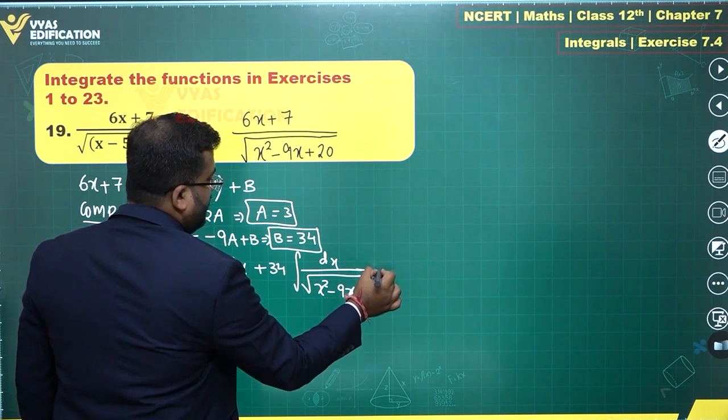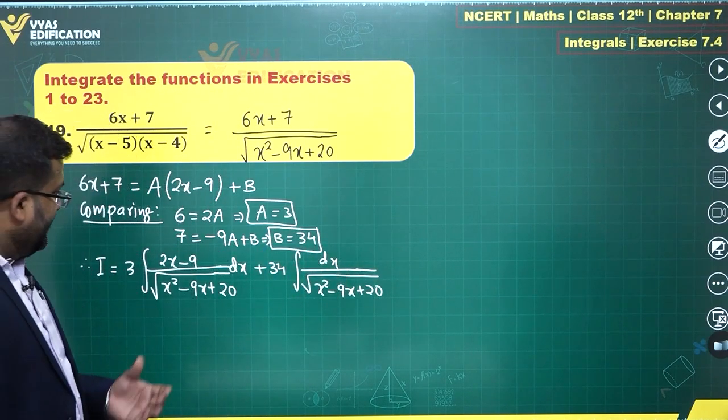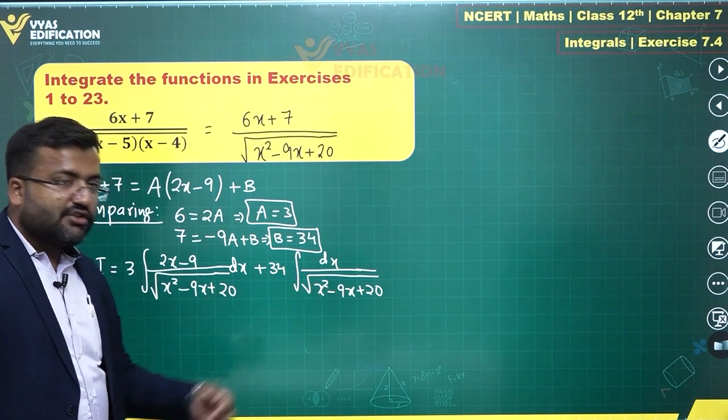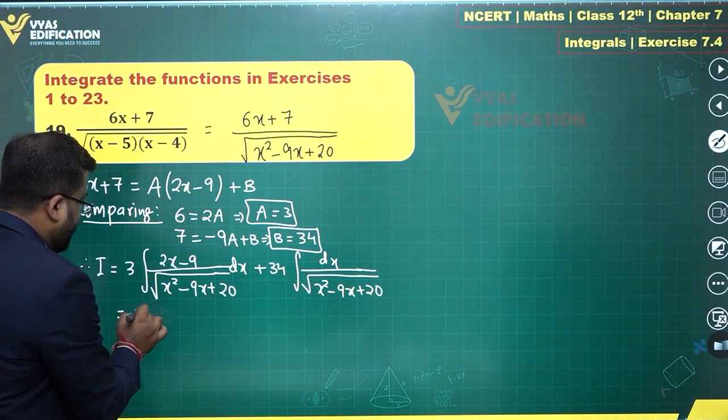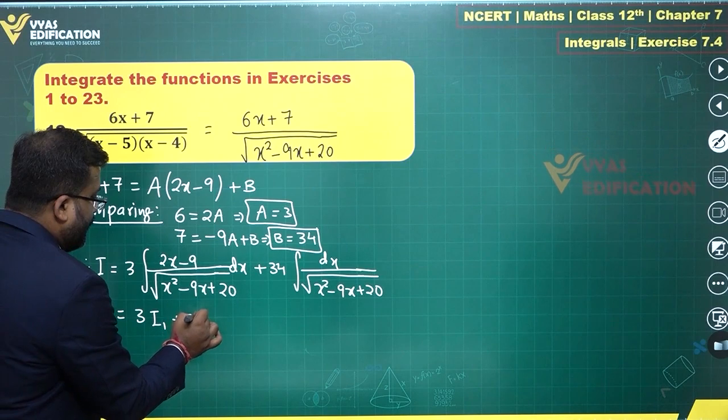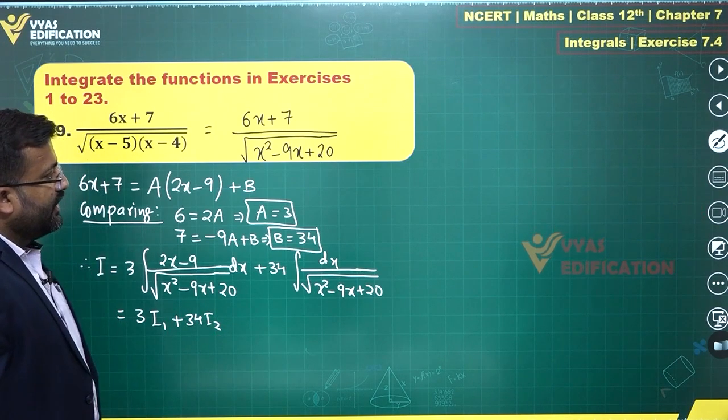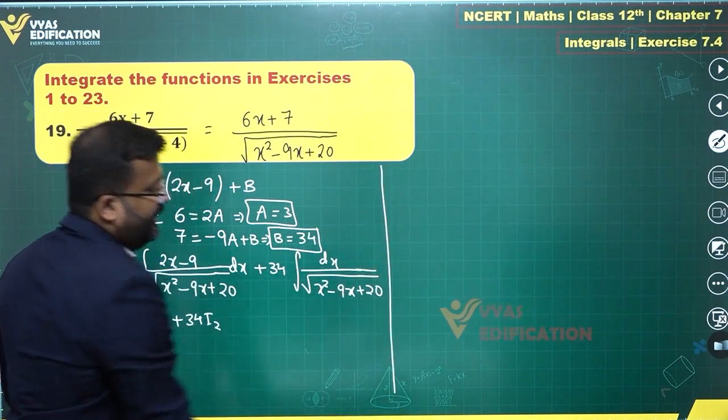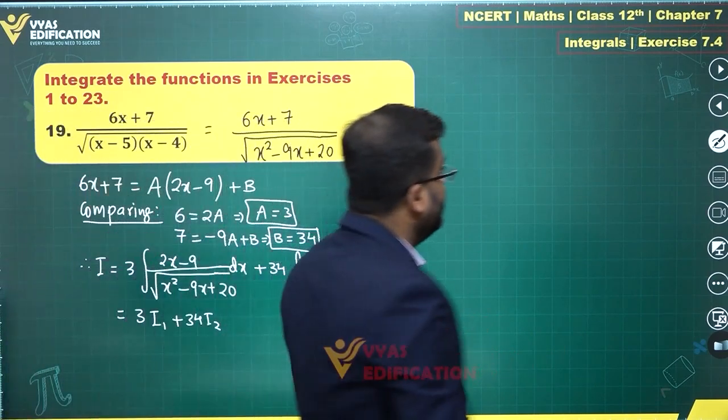This is what we have. Now, the integral of each has to be found, and then we get a final answer. This is actually 3 times I1 plus 34 times I2. Our target is to find I1 and I2.